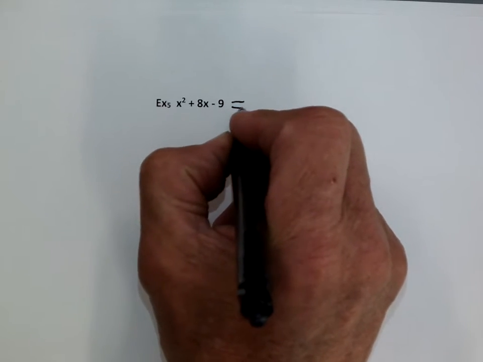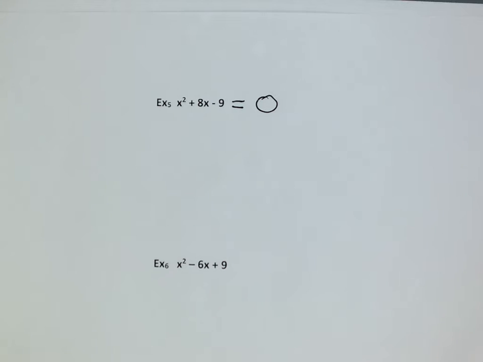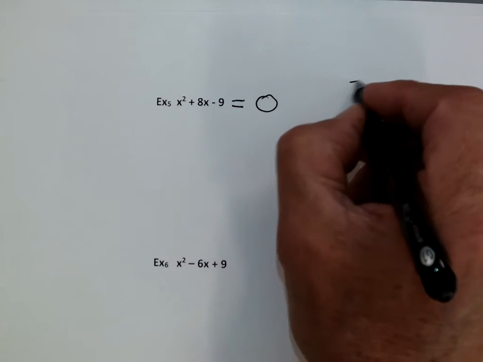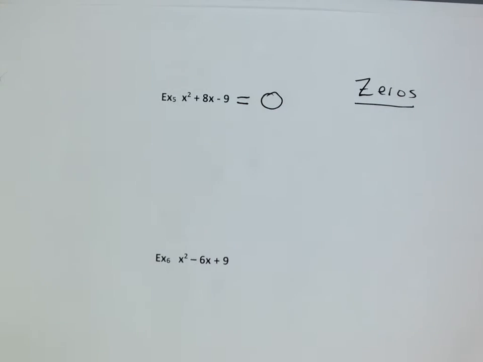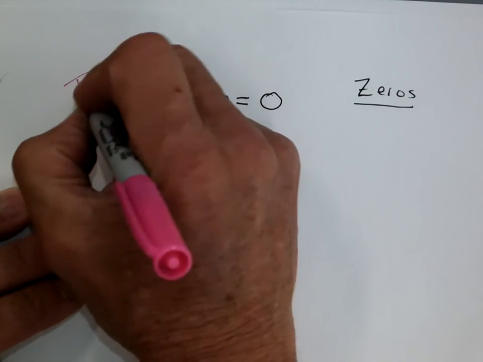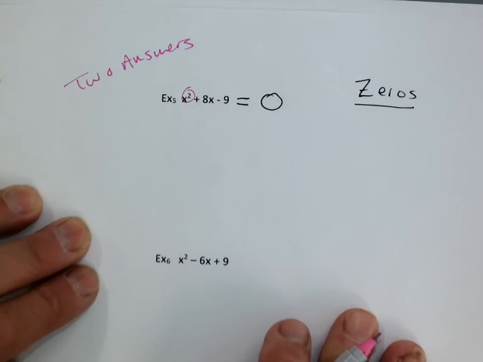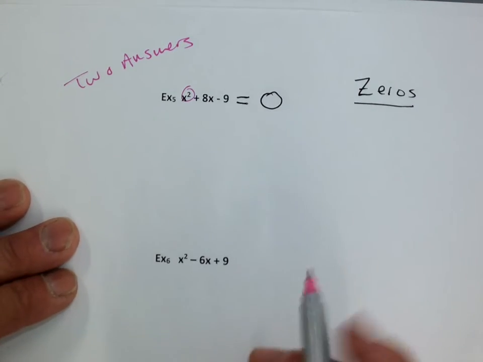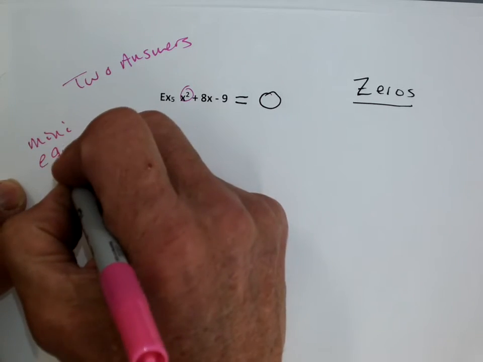What if I said I wanted it to equal 0? Change my question. So what I'm looking for now is zeros, right? Well, we talked about yesterday, if we're looking for zeros, we know that this problem has 2 answers. It has to have 2 answers. But to get the 2 answers, I need my mini equations first.